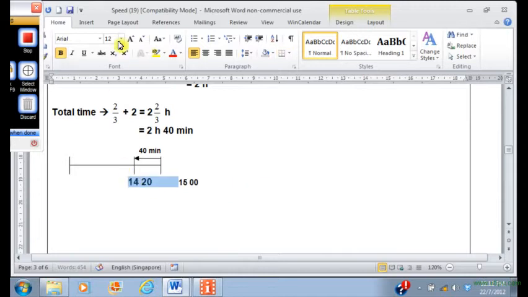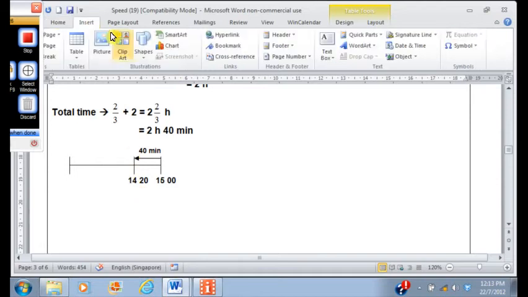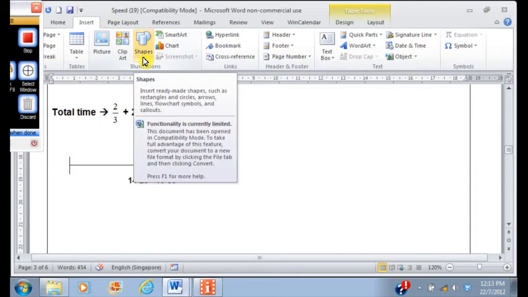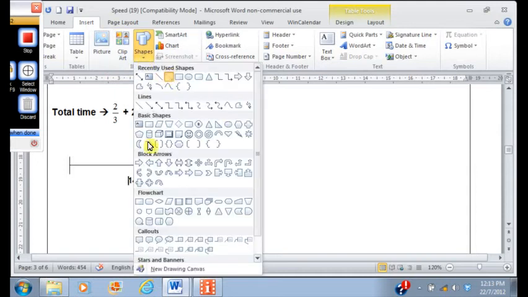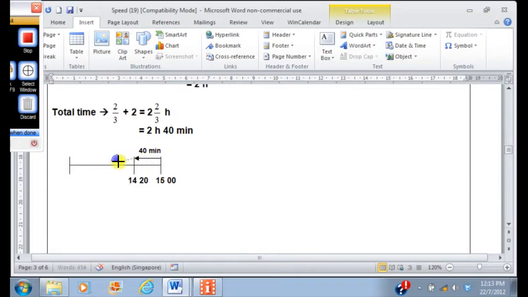Okay, so I'm going to use font size 10. Okay, so this is 15. This is 14. Okay, so now we're going to actually move back again. We covered 40 minutes. Now we have to do 2 hours. So what is 2 hours?